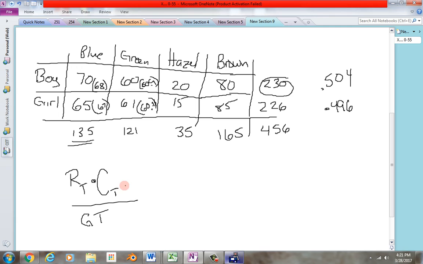That's how the book describes it. So for this one right here, I would take the column that it's in times the row that it's in divided by the grand total. I find that beyond obnoxious to try to explain to kids why that is.